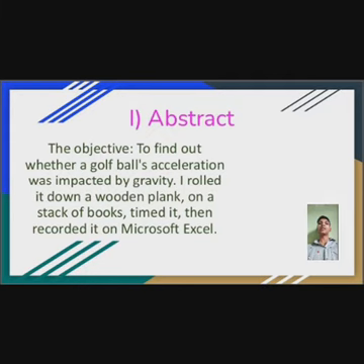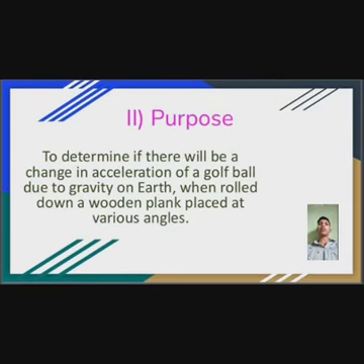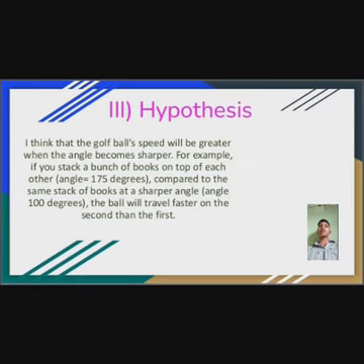The time taken was recorded in Microsoft Excel. Purpose: to determine if there will be a change in acceleration of a golf ball due to gravity on Earth when rolled down a wooden plank placed at various angles.